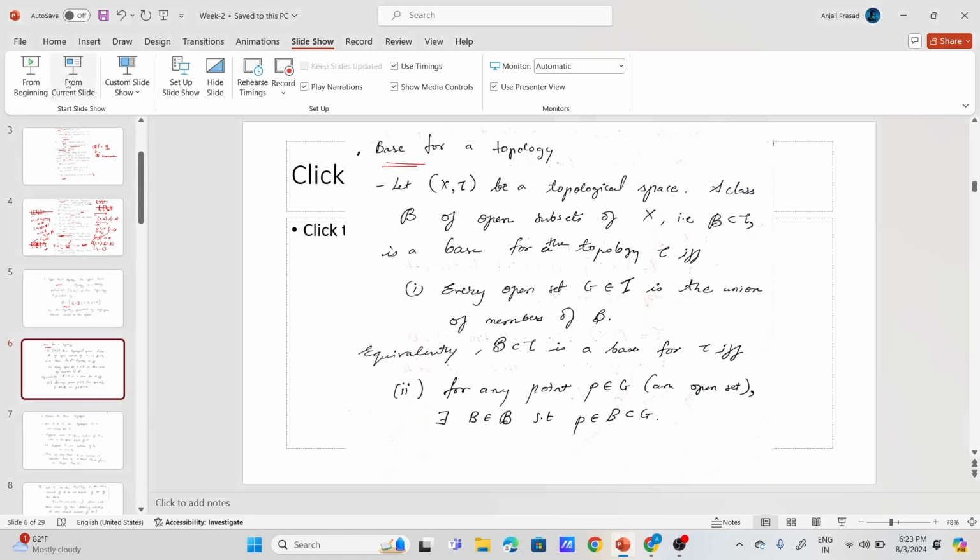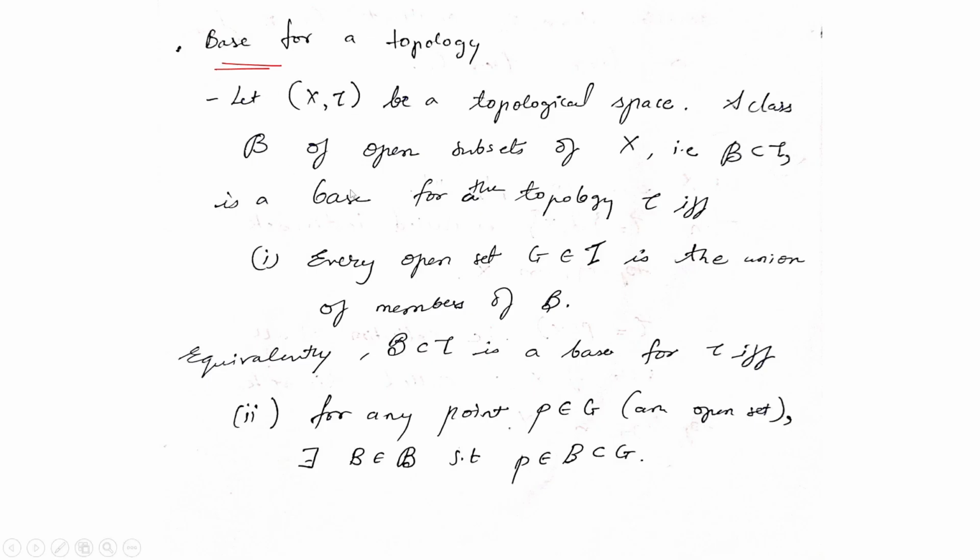Okay, so let's see. First, be clear with the definition of basis. Let x comma tau be a topological space and a class B of open subsets of x, of this kind, right? Okay, so this is open in lower limit topology. You can take that example.